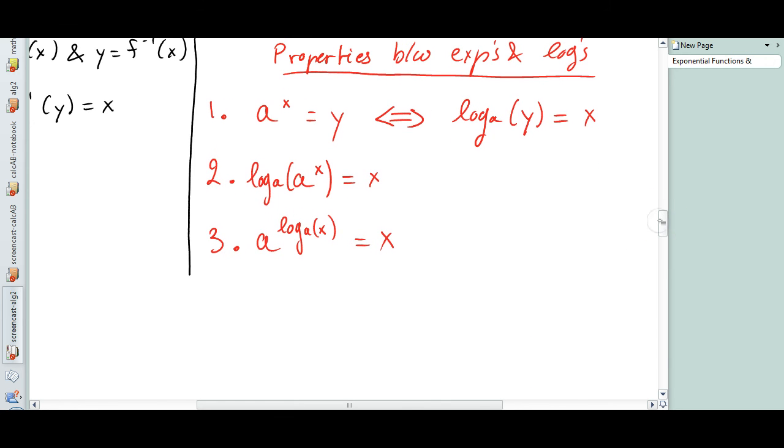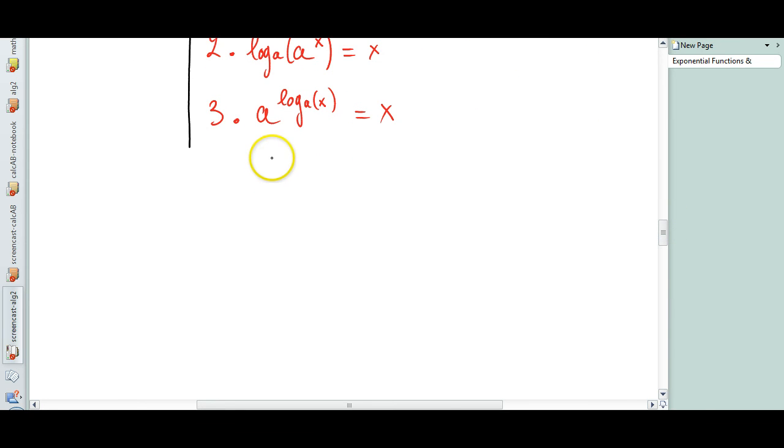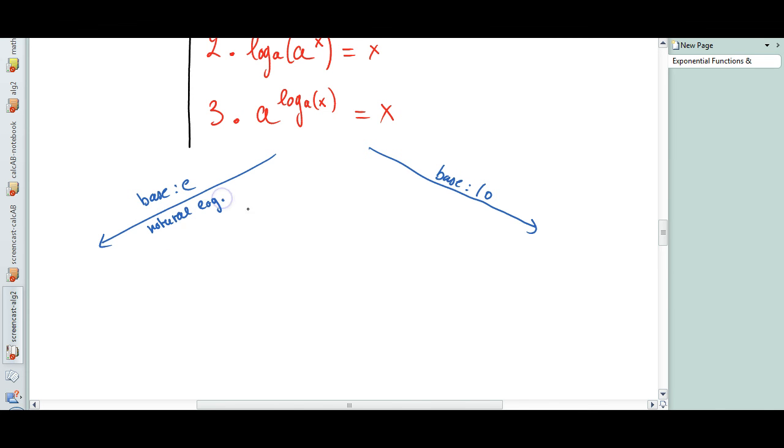Okay, you know what I'm going to do actually right now? I'm going to rewrite these 3 properties for the 2 most common logs, okay? Let's rewrite that when the base is e, and let's rewrite that when the base is 10. Base e is called the natural log, also called Neperian log.